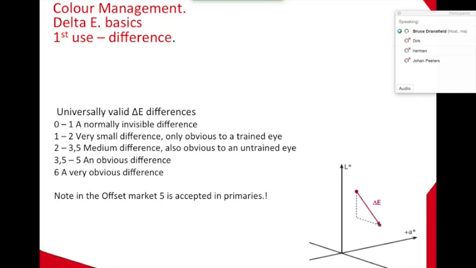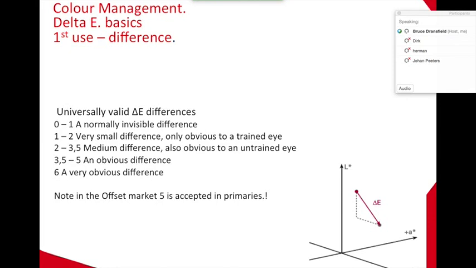What does it mean? I hate having to have this discussion with most people, but between 0 and 1, it's almost an invisible difference.